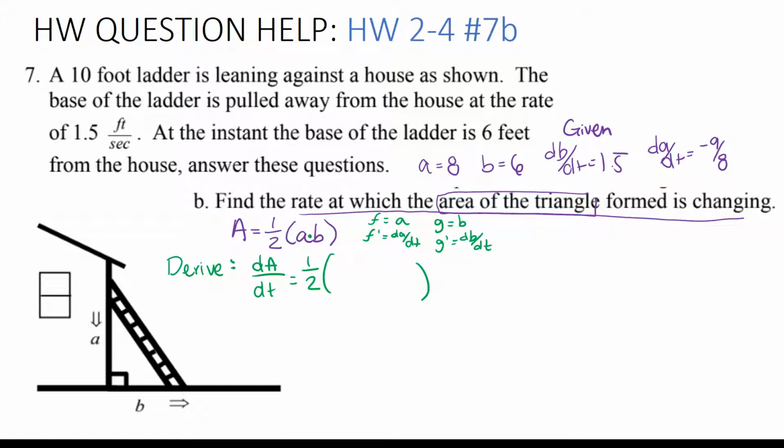Okay, so when we do product rule, we're going to really say B times dA/dt plus A times dB/dt. Okay. Once we're here, we're ready to plug in, and we're going to plug in all those givens that we have above.